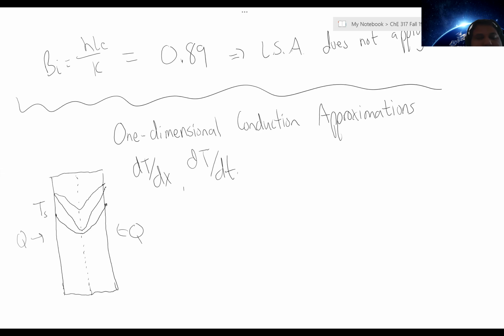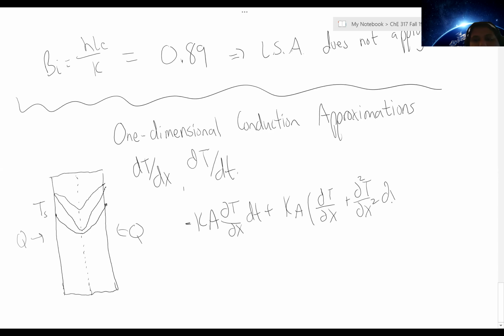If I wanted to write out the derivation, I would get something that looks a little like this: negative kA dT/dx dt plus kA times (dT/dx plus d squared T over dx squared dx) dt equals kA d squared T over dx squared dt dx.